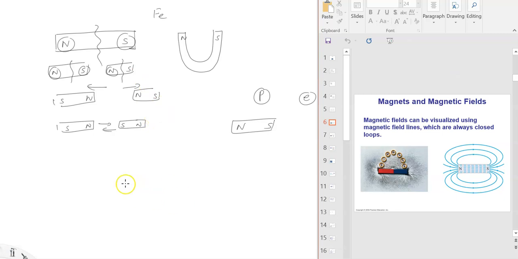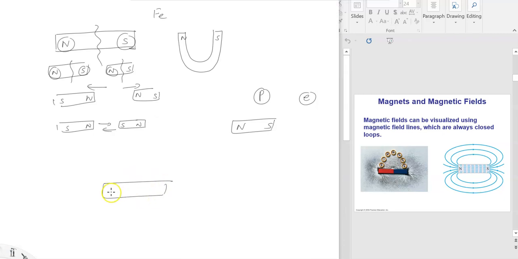So we say that when we have a magnet, north and south, there's some kind of field that exists due to these two ends. And to represent that, we use magnetic field lines. And we say that field lines start from the north pole and go into the south pole. So this is how we draw magnetic field lines, starting from the north pole, going into the south pole.